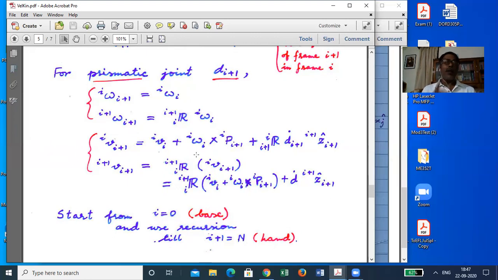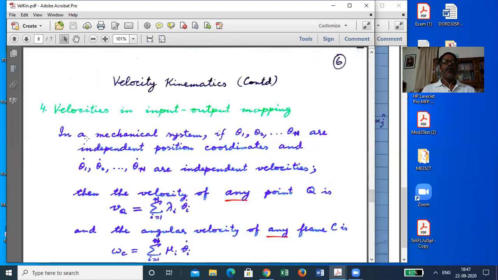Now, if our interest is to figure out the hand motion only, then a more synthetic direct approach also we can use. For that, you first observe that in any mechanical system, if theta 1, theta 2, etc. are the independent position coordinates, and theta 1 dot, theta 2 dot, etc. are the corresponding independent velocities, then the velocity of any point q can be expressed as a linear combination of these independent velocity coordinates.